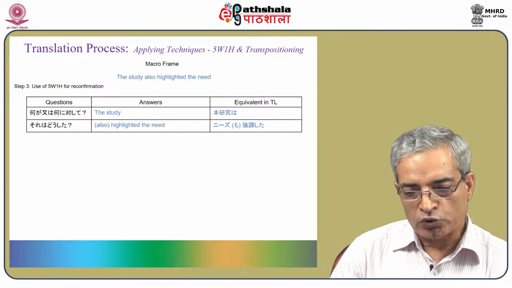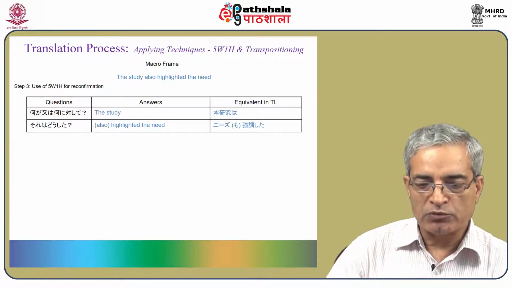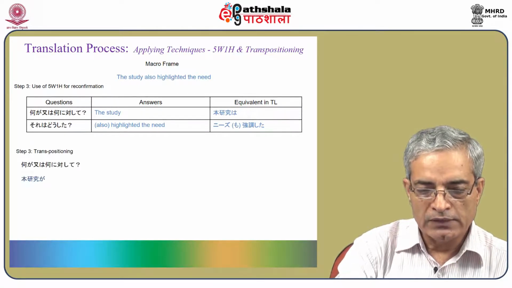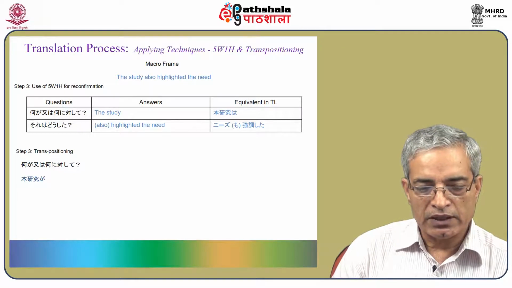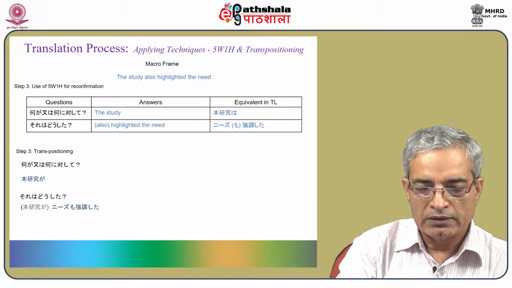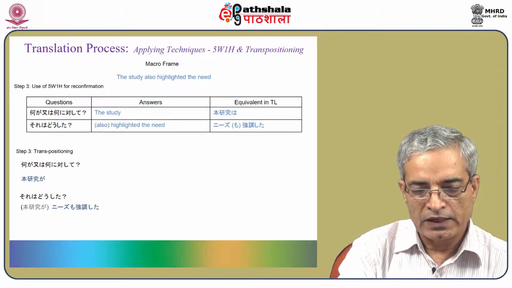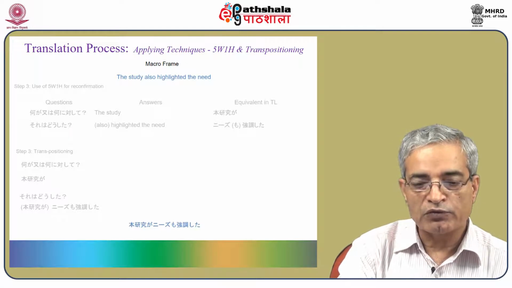Ni is kyochoshita, otherwise you'll have to put O for object particle. Ni is mo kyochoshita. Transpositioning will be nani ga mataba nani ni taishite hon kenkyu ga. Soreba doshita hon kenkyu ga ni is mo kyochoshita. So this is the equivalent for the macro frame.